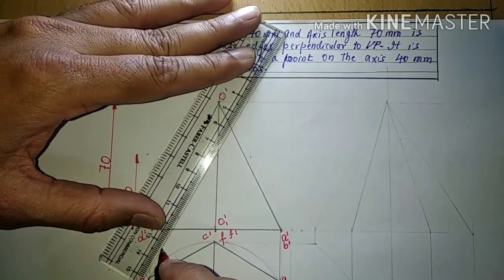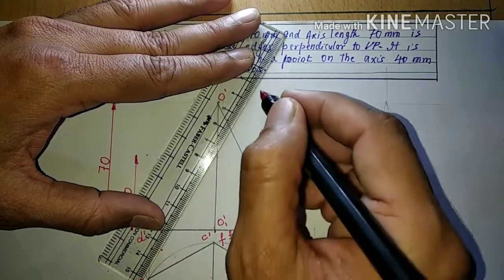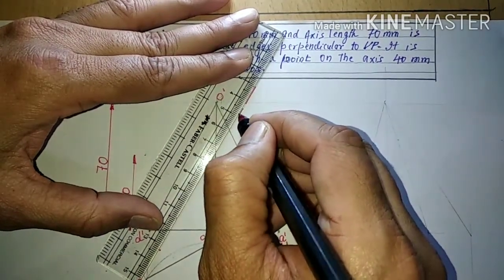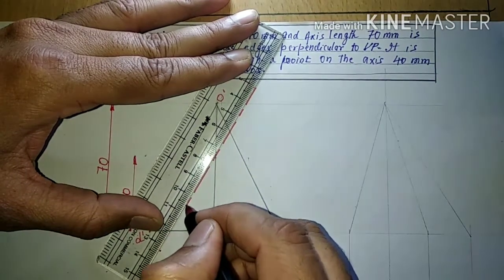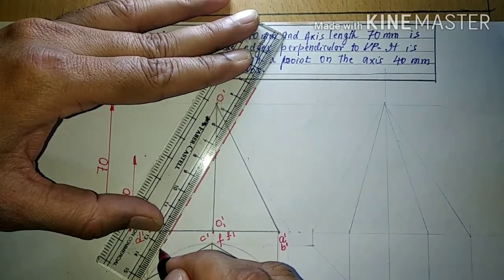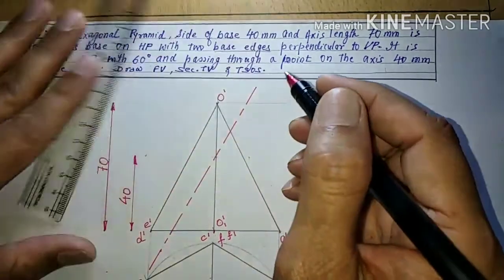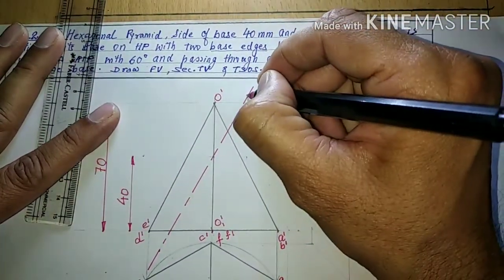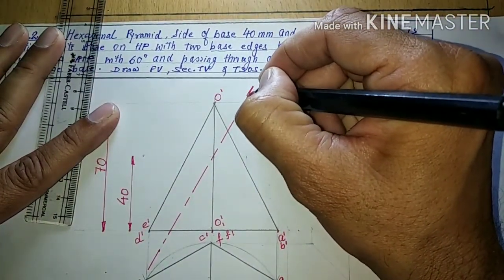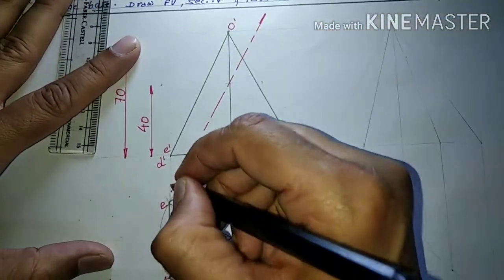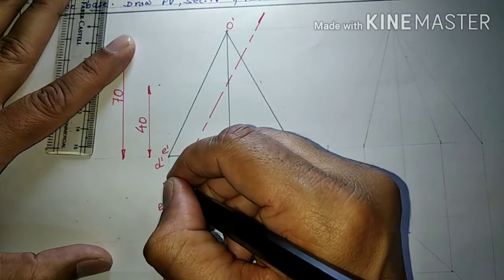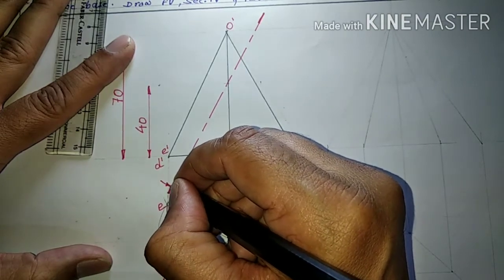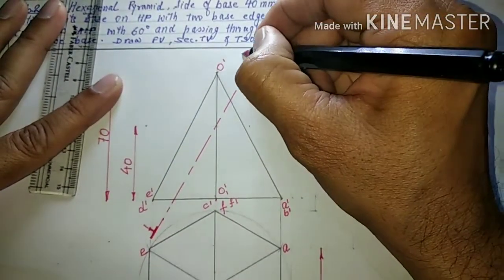Representation of the cutting plane line, we have already seen, is always a big dash, small dash, big dash, small dash, with the extreme big dashes thickened, and the direction of the observer is shown.